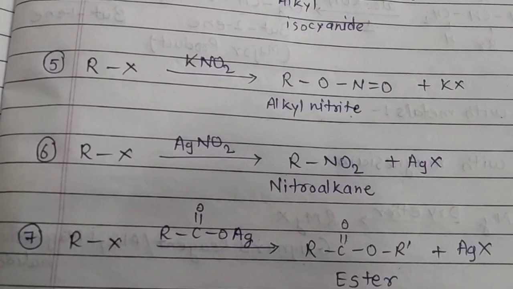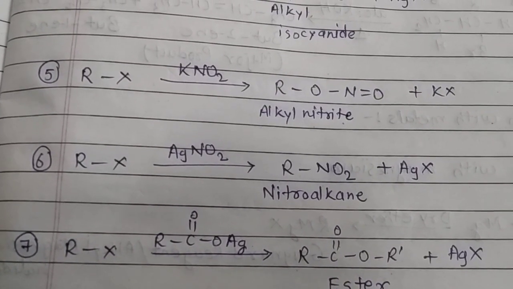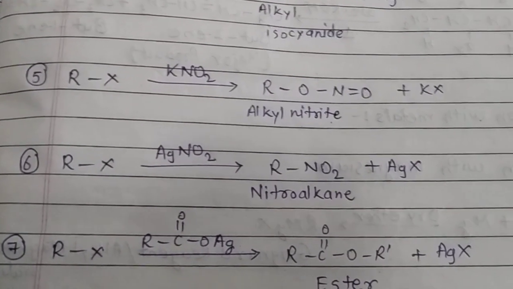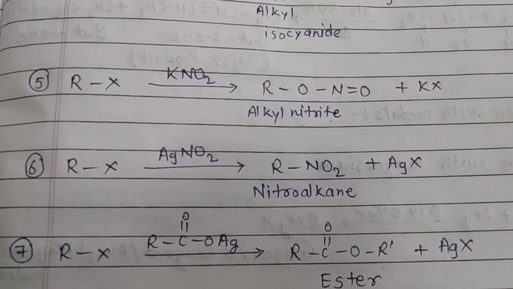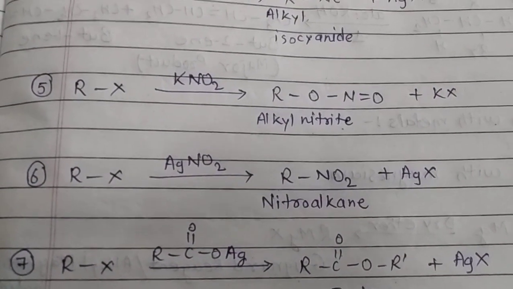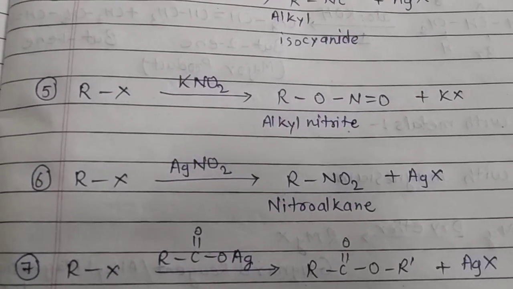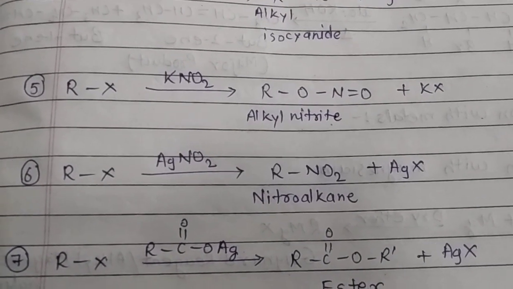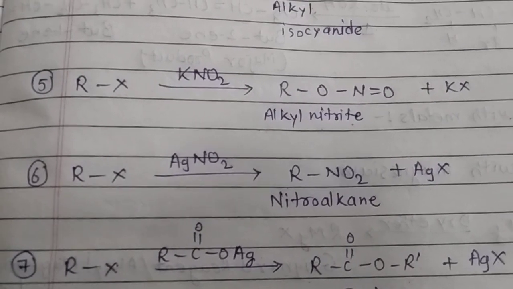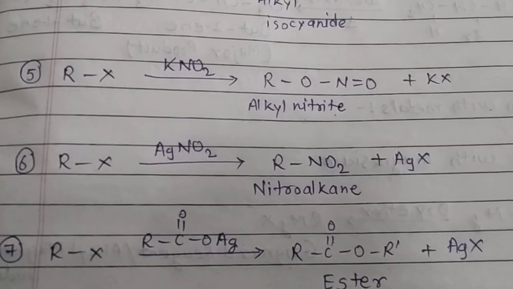And with silver nitrite, AgNO2, at that time R is attached to N. So with KNO2, R is attached to oxygen of NO2, and with AgNO2, R is attached to nitrogen. So product is nitroalkane.